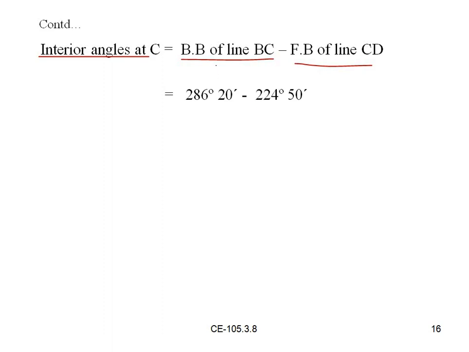The back bearing of line BC is 286 degrees 20 minutes, whereas the forward bearing of line CD is 224 degrees 50 minutes. If we calculate this, we will get 61 degrees 30 minutes. So this is the interior angle at C.